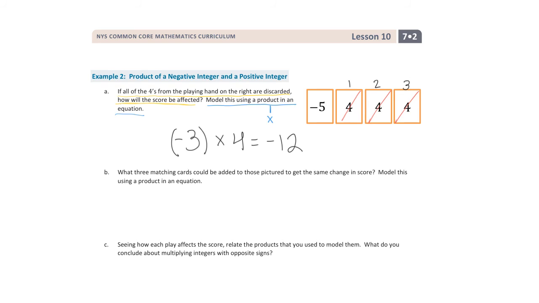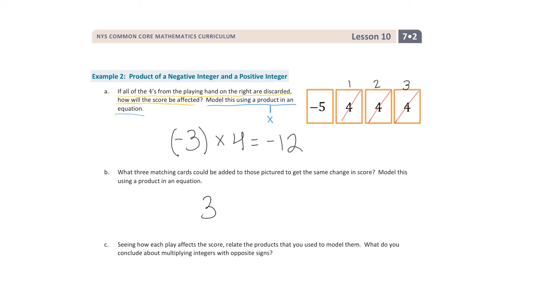B, what 3 matching cards could be added to those pictured to get the same change in score? Model this using a product and an equation. Well, first of all, we know that we have 3 cards, so we can write 3. And we are subtracting the value from each one of those cards.